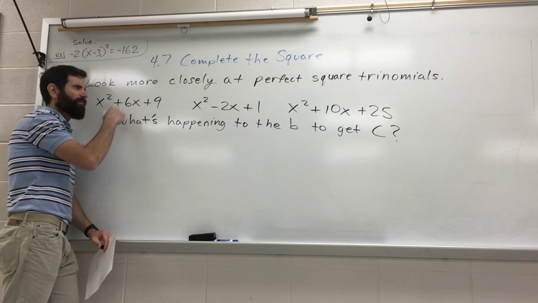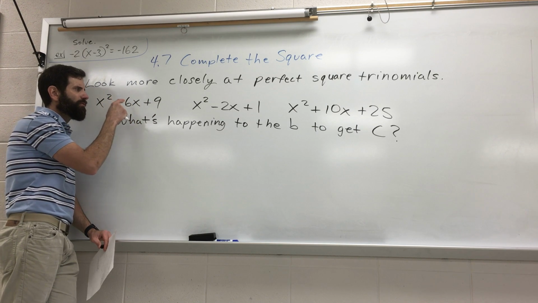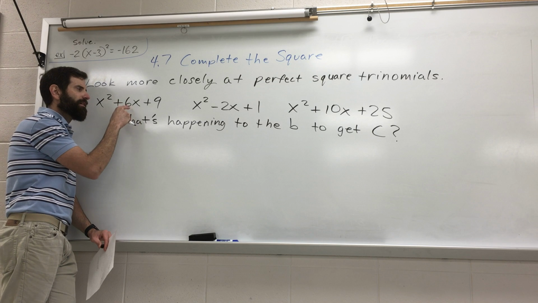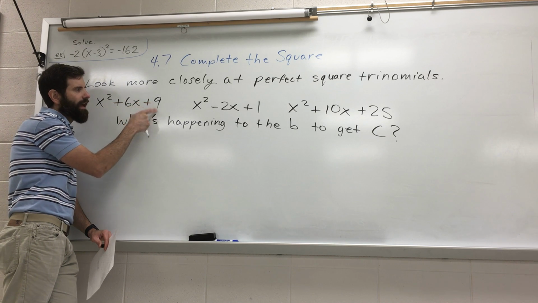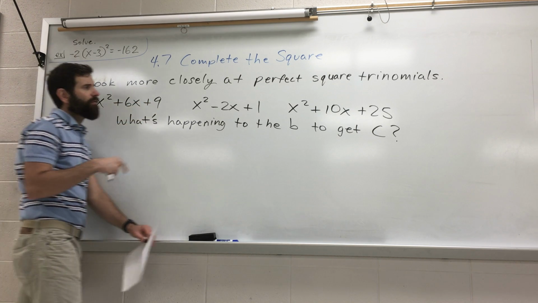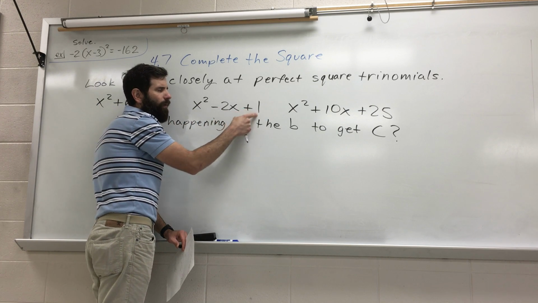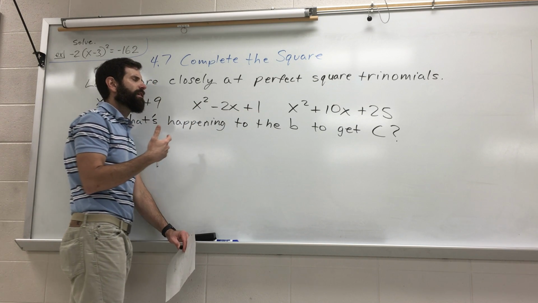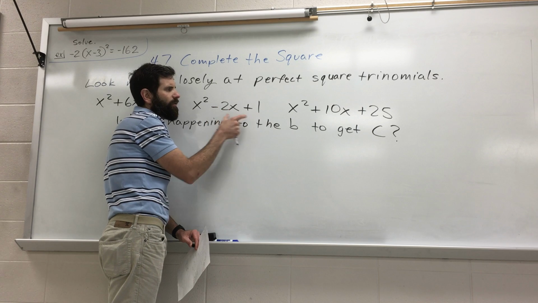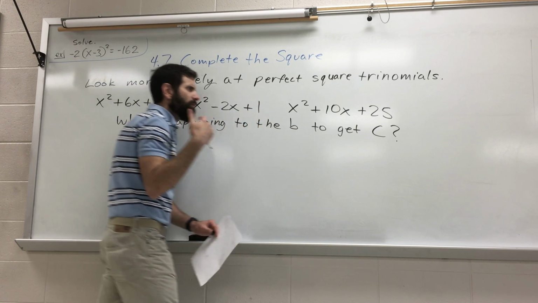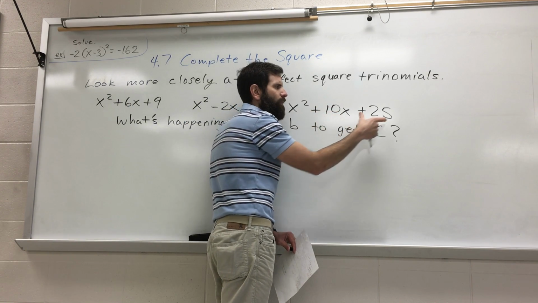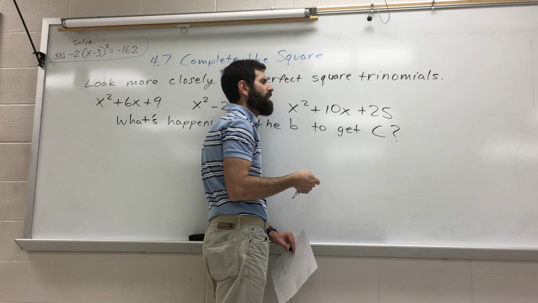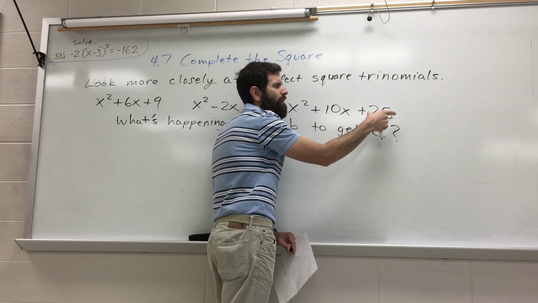Try to think of some operations that can take you from a 6 to a 9. We've got a -2 and a 1. Try to think of some operations that would take you from -2 to 1. We've got a 10 and a 25. Try to think of some operations that would take you from 10 to 25.